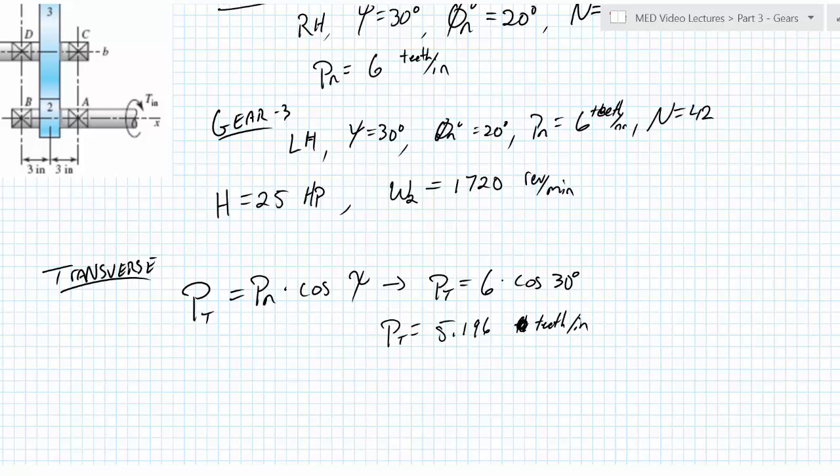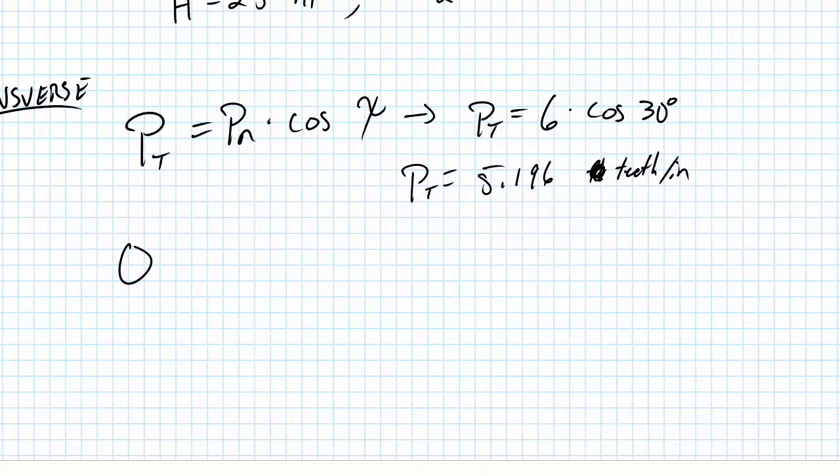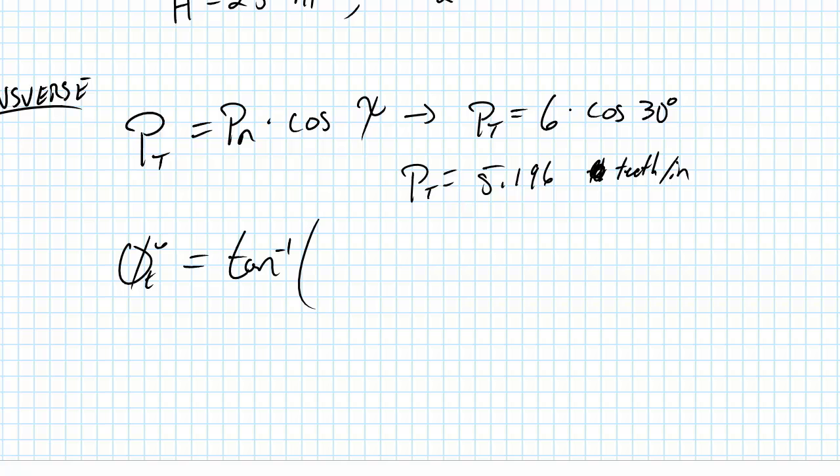The transverse pressure angle is related to the normal pressure angle and the helical angle, as we mentioned before. We can do the inverse tangent of the tangent of the normal pressure angle over the cosine of the helical angle.